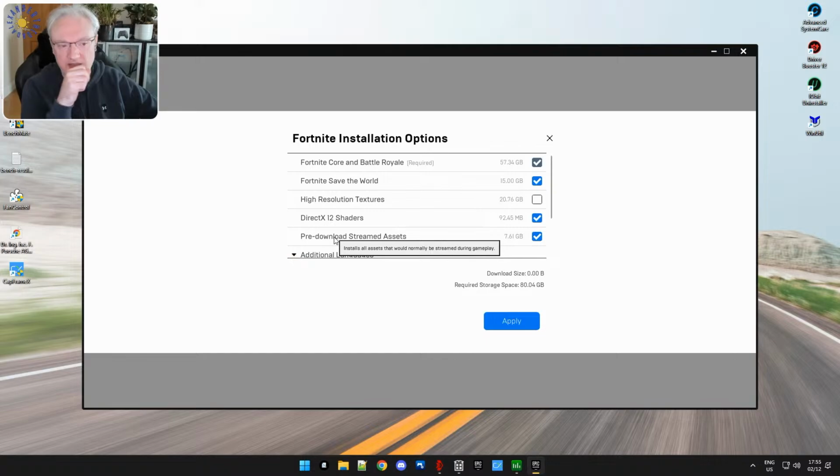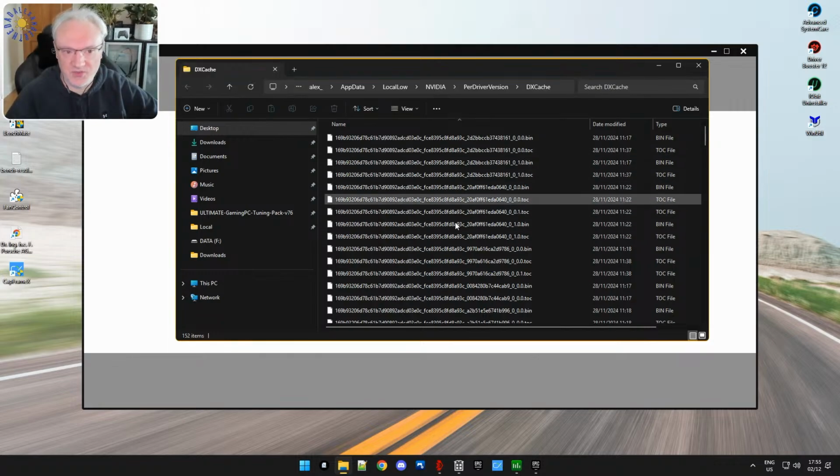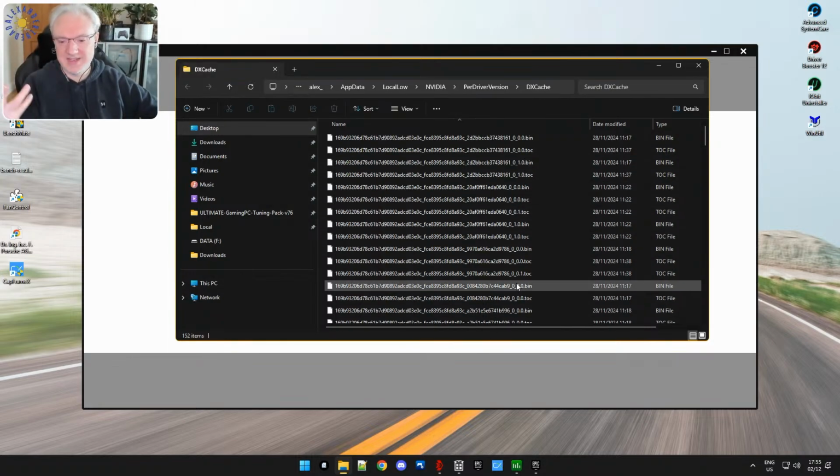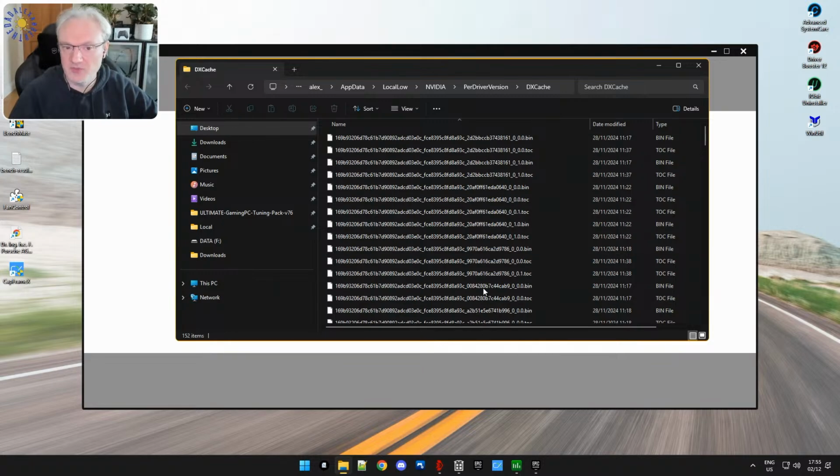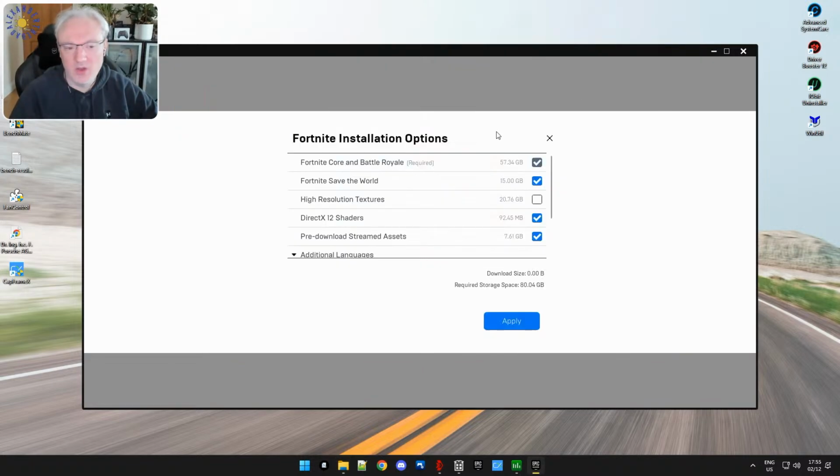So when you have DX11 performance mode, you're basically having to dynamically load those from the internet and create shader cache for them, which are these files. So as you're playing, you're having to download these files from the internet and then load them into the game, which is why you get big FPS drops after you install a new driver or clean these shader cache files out.